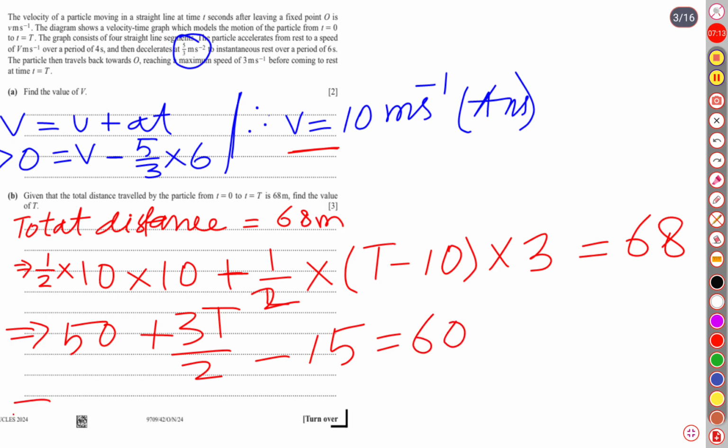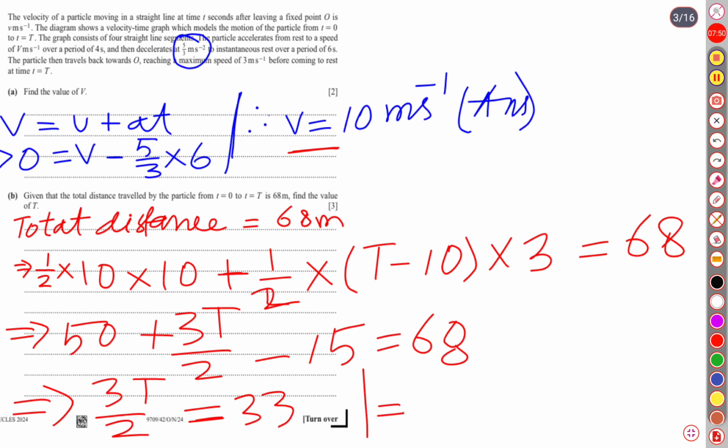Sorry, it's not 60, it is actually 68. So 50 minus 15 means 35. If we subtract 35 from 68, it is going to be 3t over 2, which is 33.